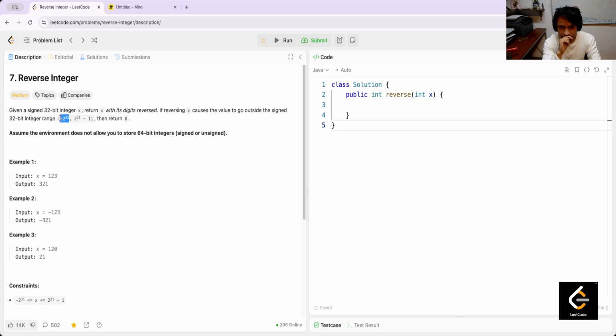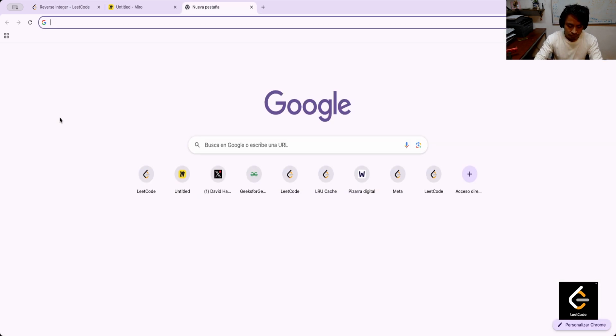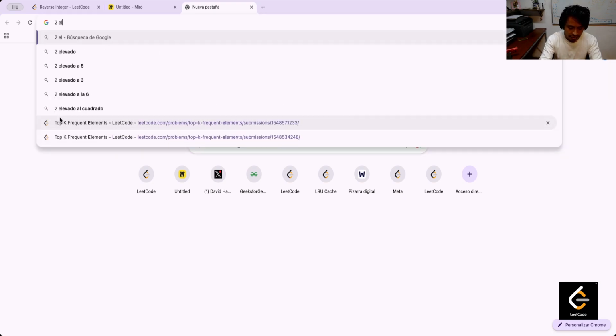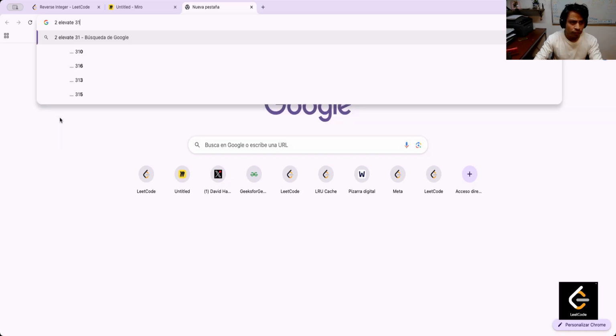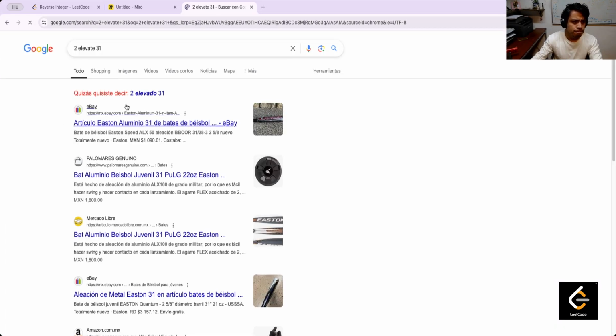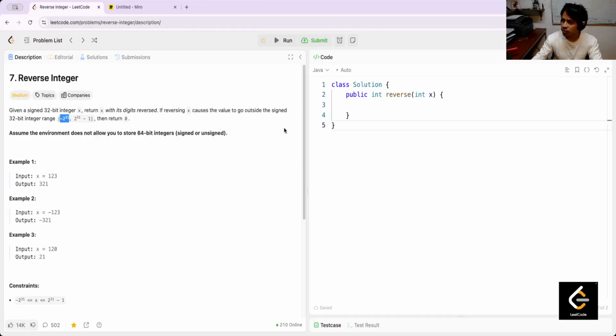This is the maximum, 2 to the 31. No, I'm not sure how to write this.